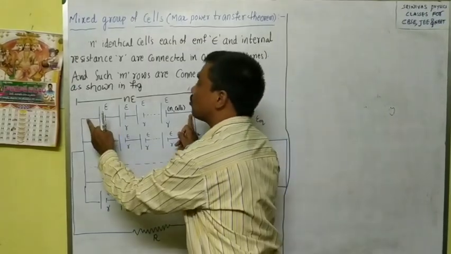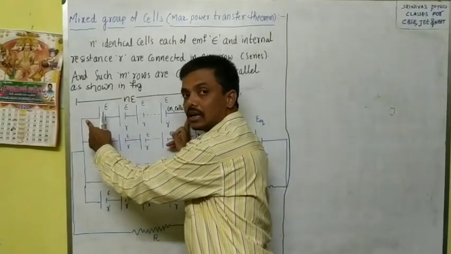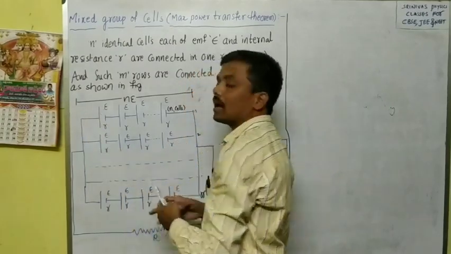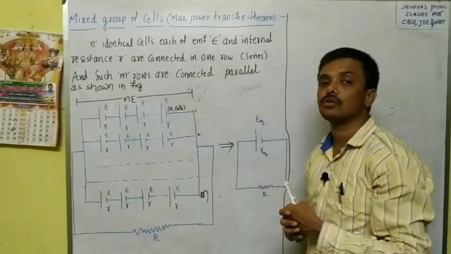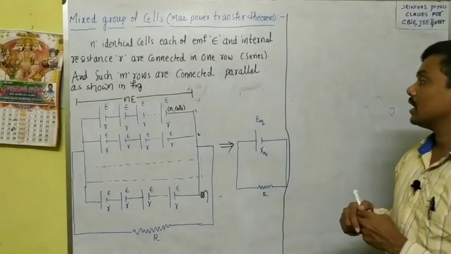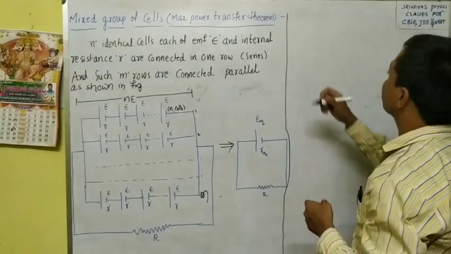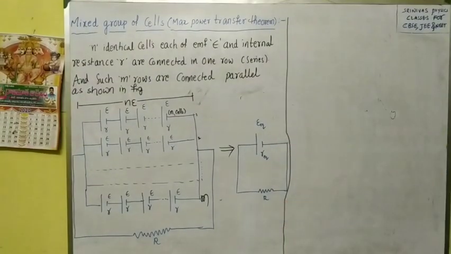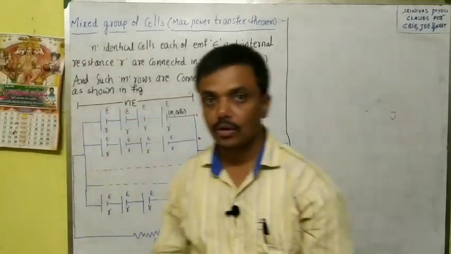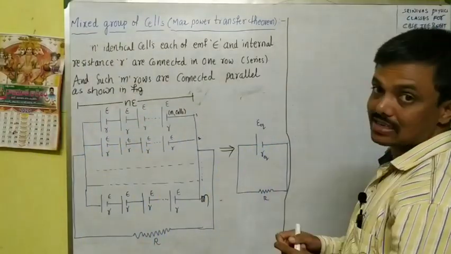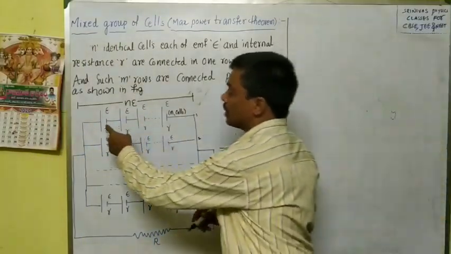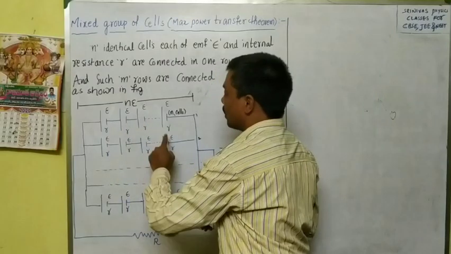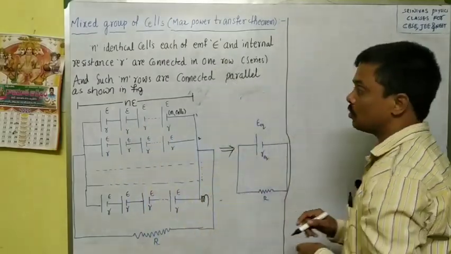If many rows are in parallel, the EMF is equal to the EMF in one row only. Right. And now, first I want to know how many cells are connected in this figure, the total number of cells. To find the total number of cells, you have to multiply the number of cells in one row and the number of rows.